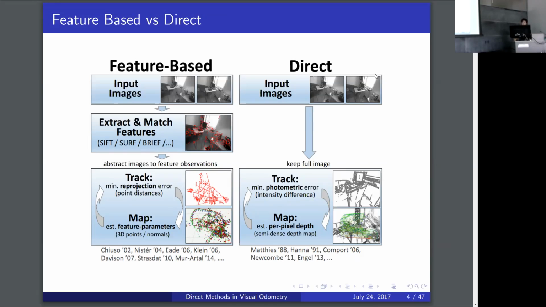Whereas in a direct method, the reason it's called direct is that we're no longer working with discrete features in the sense of SIFT, SURF, and FAST. We're working directly in terms of light intensity.